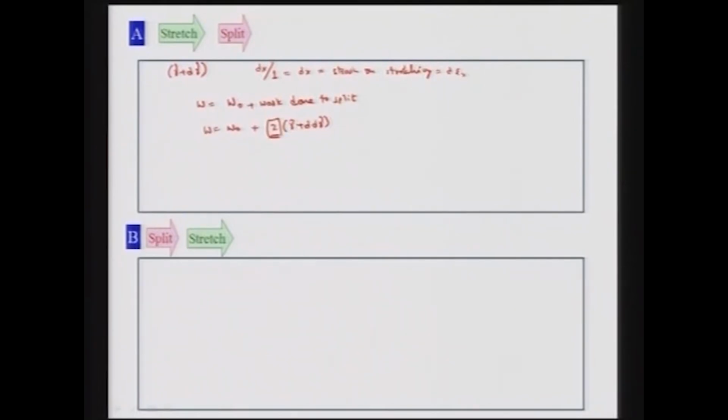Once the stretching work is W naught, for splitting we are creating two new surfaces, which are gamma plus d gamma. There is a new surface energy because of the stretching, and it has been multiplied by the strain that is being developed, that is 1 plus dx. So it is equal to W naught plus 2 gamma plus d gamma, multiplied by 1 plus dx. And the second case, what is happening?